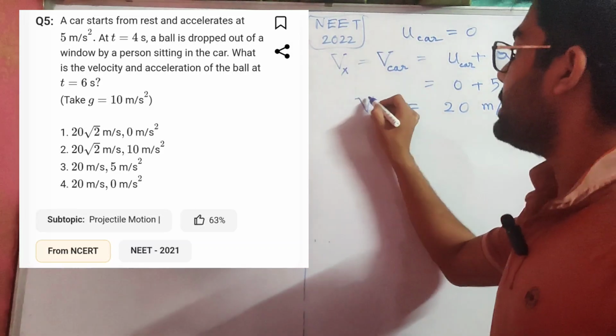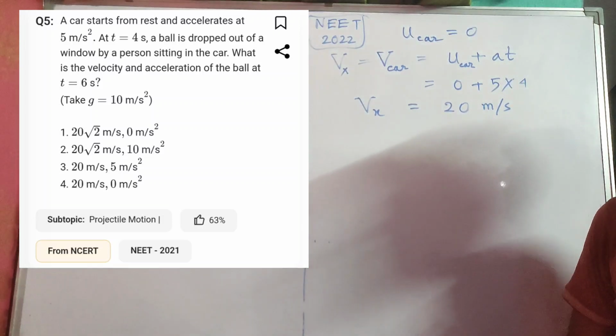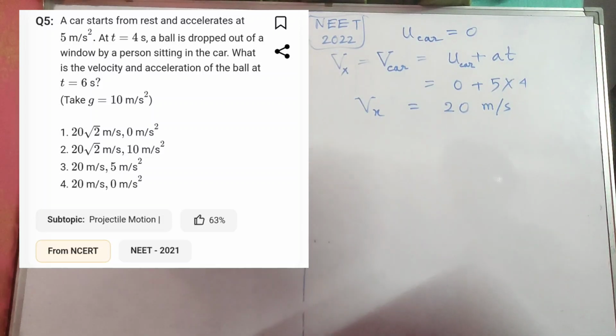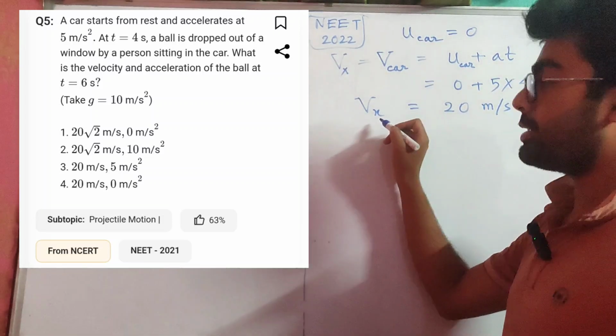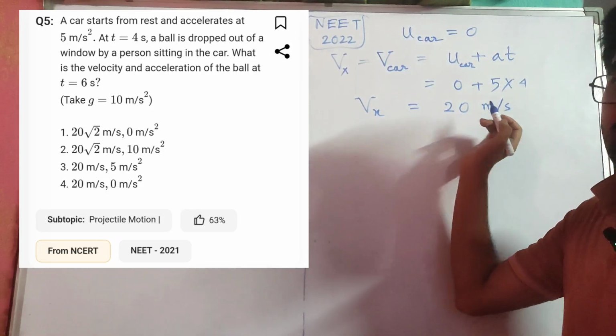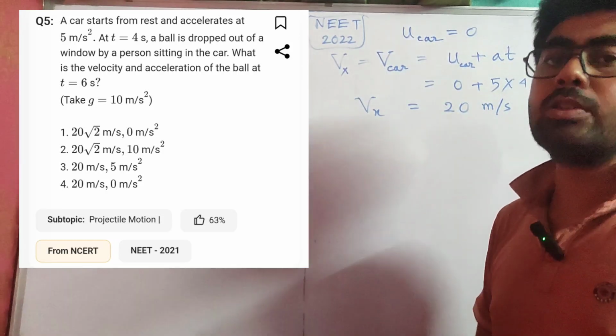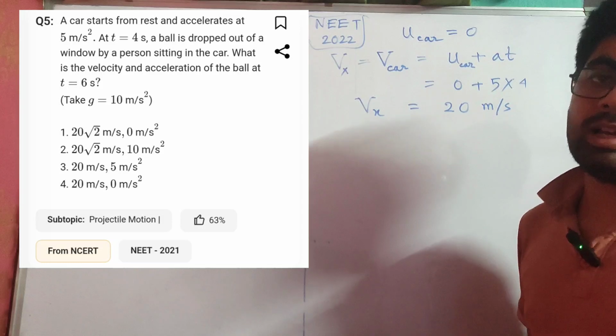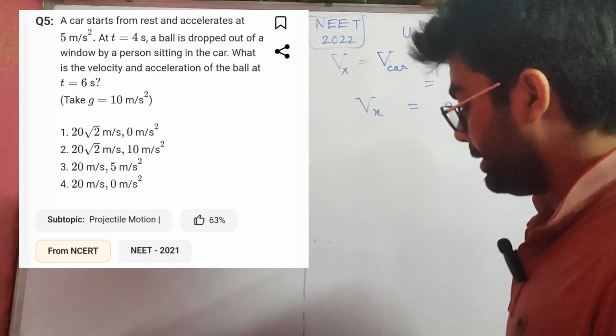That means the velocity of the ball along the x-axis is 20 meter per second, which is also equal to the velocity of the car along the horizontal line.